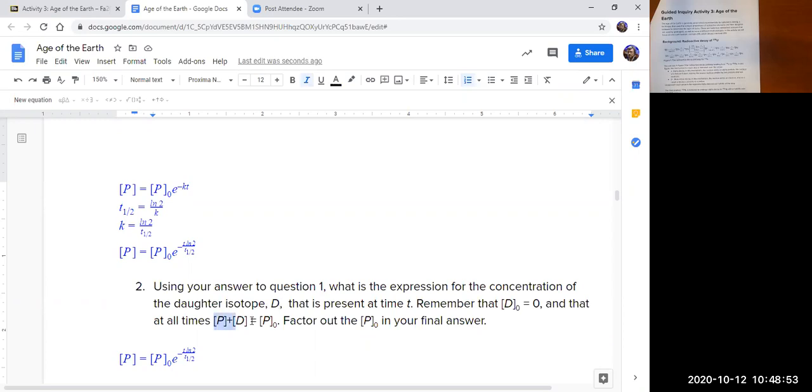So we need to remember this relation here. So let's think about what this relation is before we use it. This relation says that the daughter isotope concentration plus the parent isotope concentration added together equals how much parent isotope you started with.